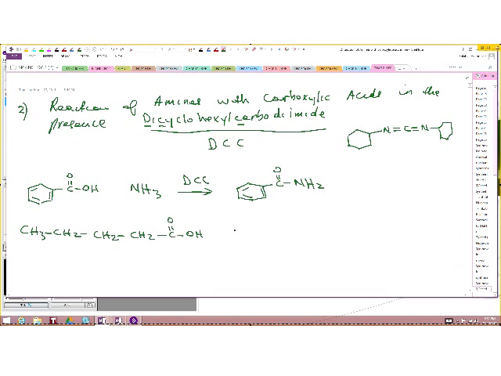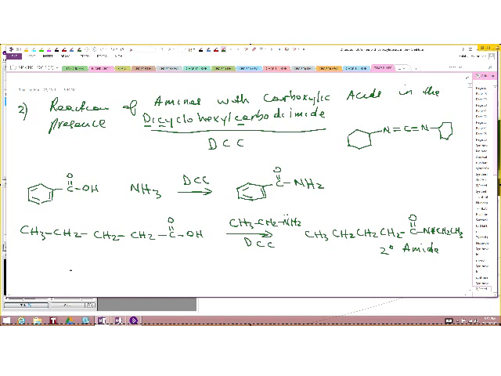You could take a primary amine in the presence of DCC, and you make a secondary amide.